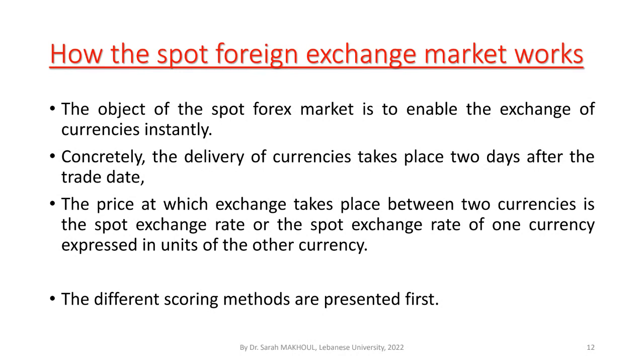You will see the difference between dealing with currencies like the euro and currencies like the Lebanese pound, because it differs by location and by the type of exchange rate used. Is it the fixed one or the floated one? And what is the difference between those two exchange rate types?